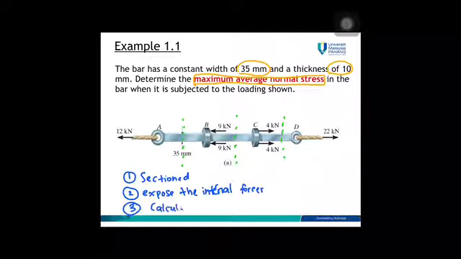When you expose the internal forces, please make sure you follow the sign convention. Remember the sign convention? If you cut from left, then everything that goes to the right is positive. For normal force, if you cut from right, everything that goes to the left is positive.